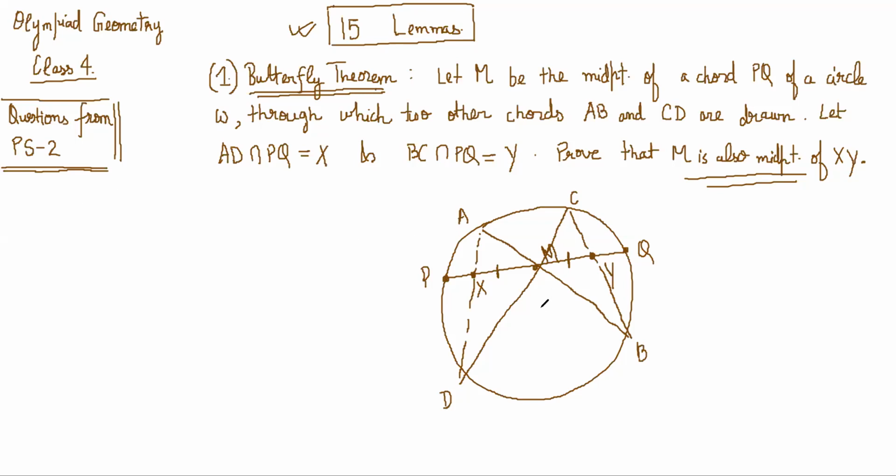Let's say the center of the circle is somewhere here, O. So we know that OM is perpendicular to PQ because it is the line joining the center to the midpoint of a chord. Yes, OM is perpendicular to PQ. That we know.